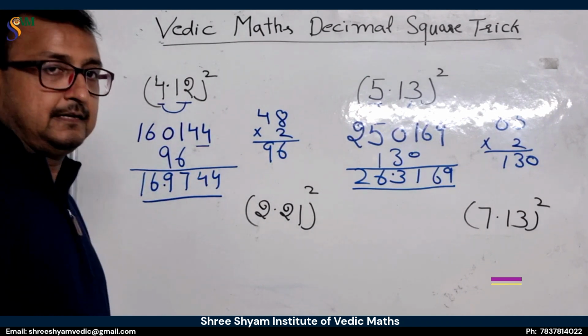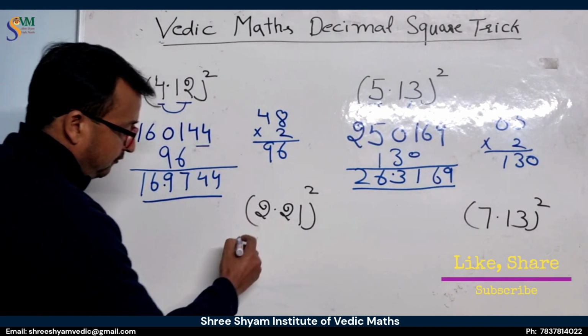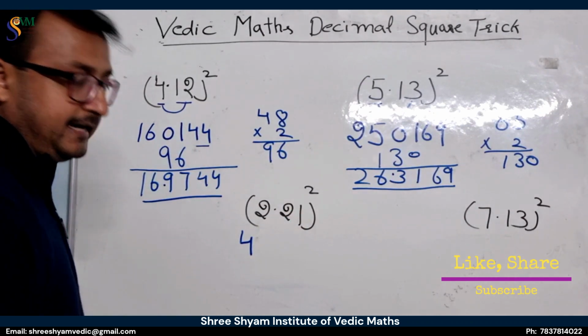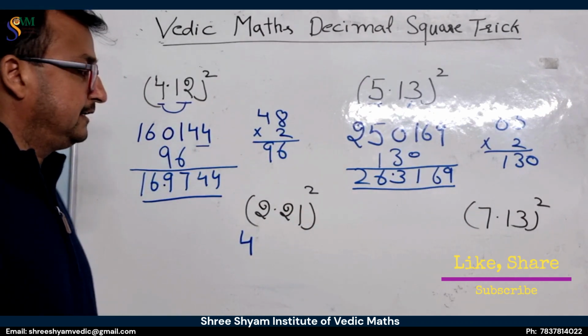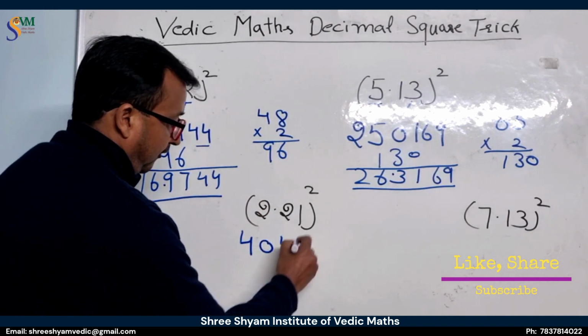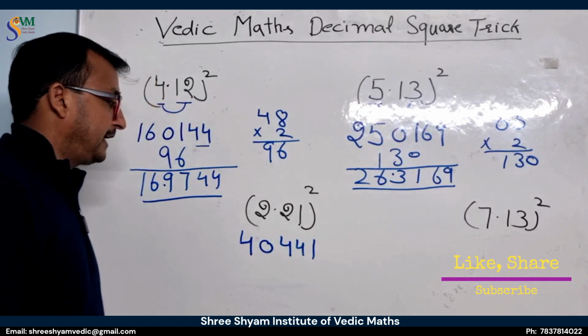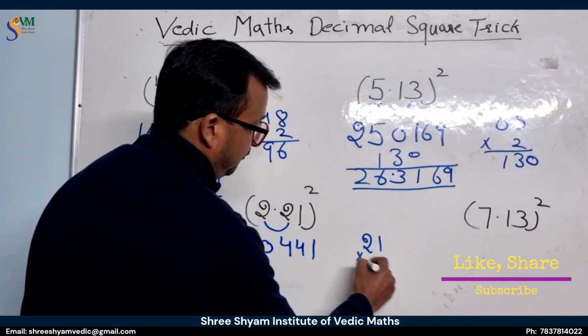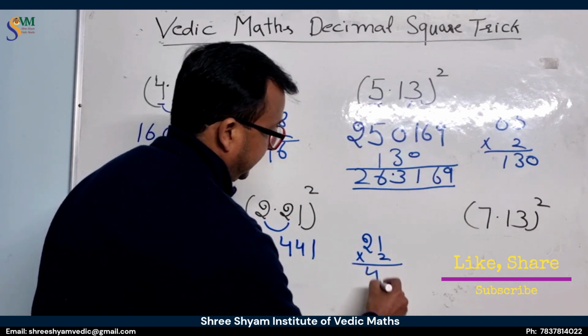One more question we will try. 2.21 square. Same logic. We take the square of 2, which is 4. 21 into 21 is 441. But there are 3 digits, so we take 4 digits, it is 0441. Again, we multiply these two numbers. 21 into 2 is 42.